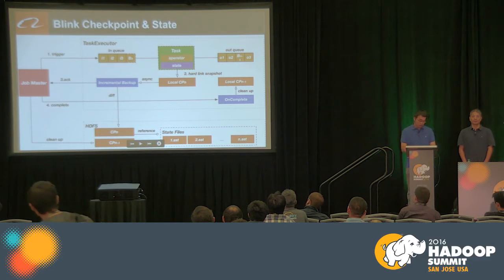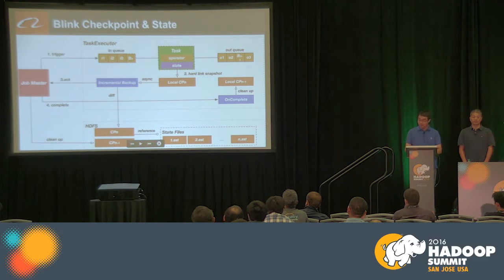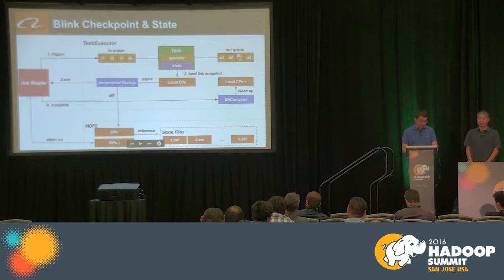This will cause many redundant I/O. In Blink, we use incremental backup mode, which only backs up the different files to HDFS between the last successful checkpoint and now. So Blink checkpoint and state management is more efficient, and barely pauses the stream.